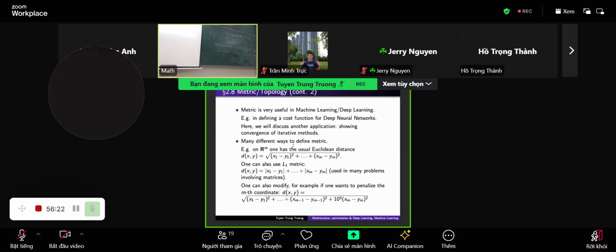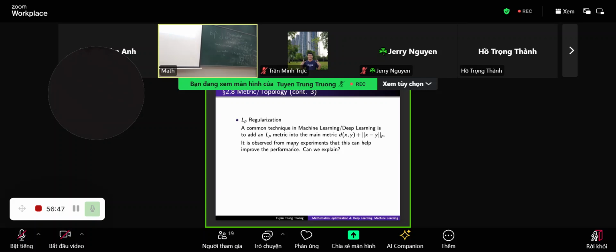Possibly, if you think that the m-th coordinate should not be very important, you put a coefficient there. So it means that if you want this to be small, then xm and ym should be very close to each other. And this is regularization.